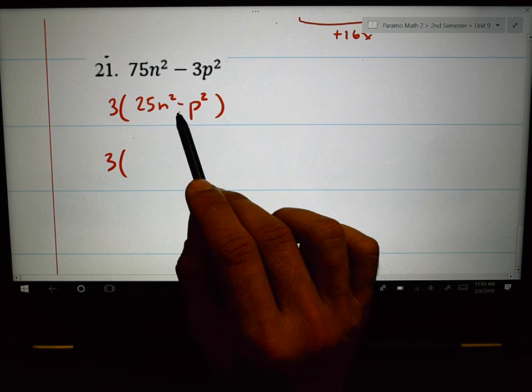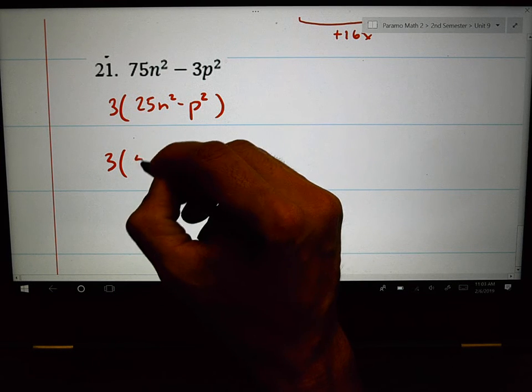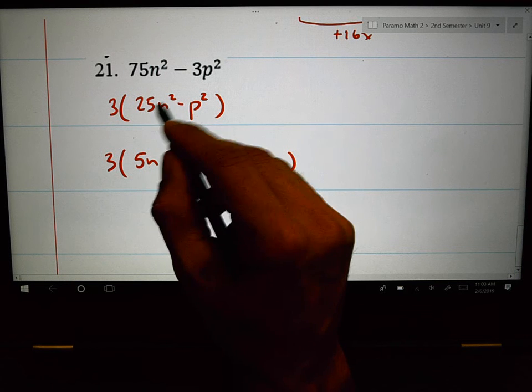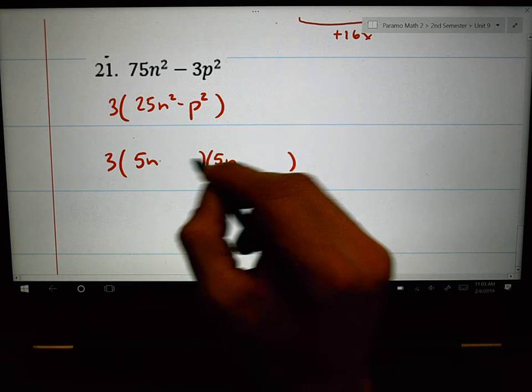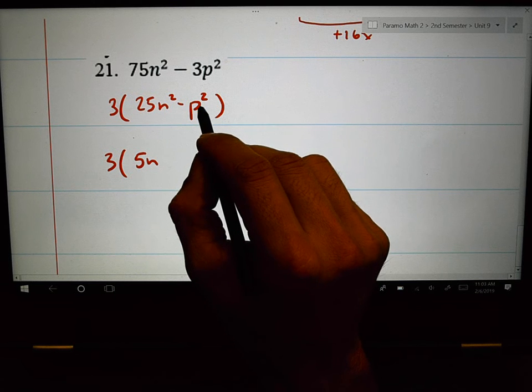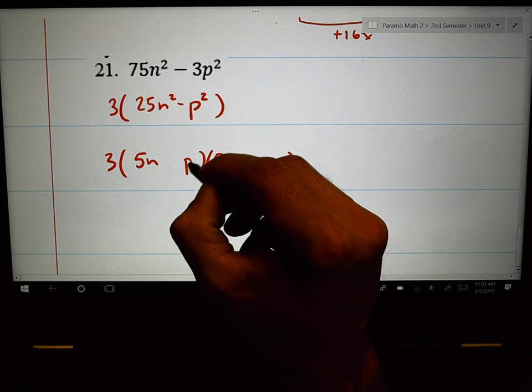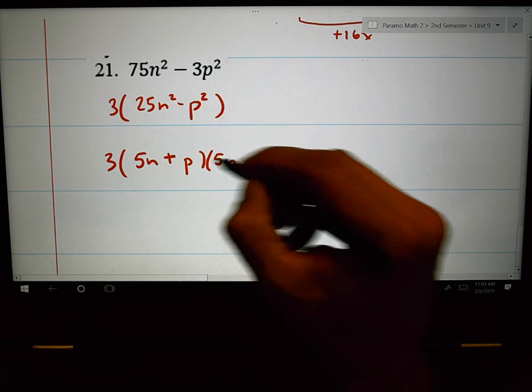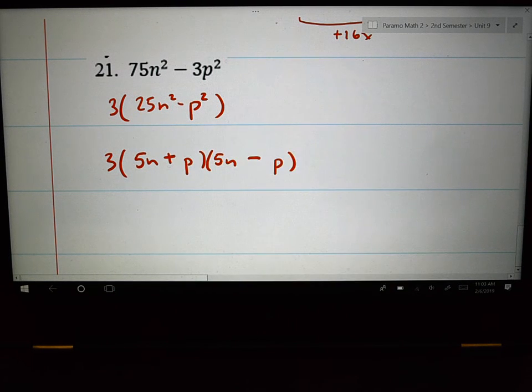We take the square roots, and you put the square root of this times itself to equal that. You take the square root of the last term, p times p is p squared. And the only thing that we do with this is we put the plus sign and a minus sign in between the square roots for the difference of squares.